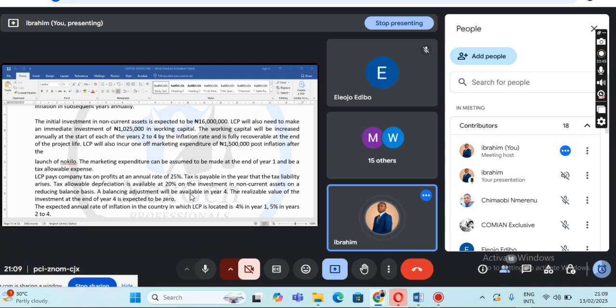We are even lucky. Sometimes tax will be paid in arrears: year one paid in year 2, year 2 paid in year 3. But this will be paid in the year in which the profit is realized. Tax allowable depreciation is available at 20% on the investment in non-current assets on a reducing balance basis.